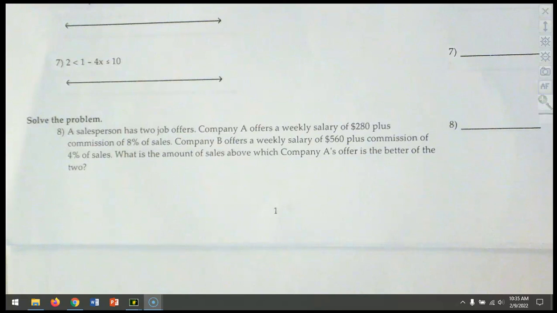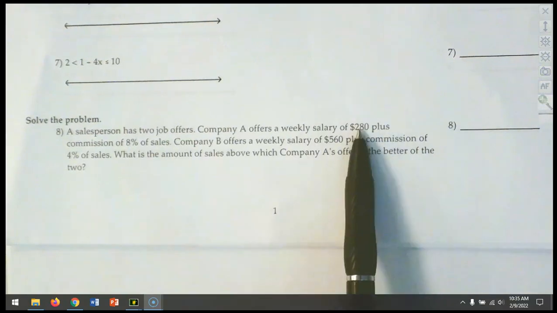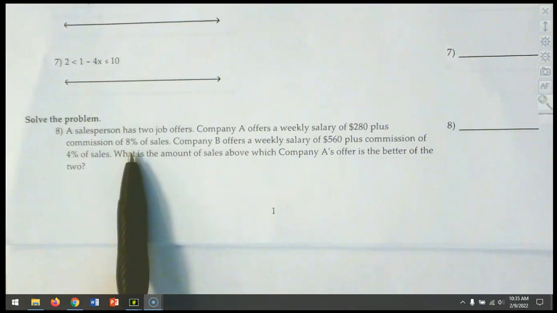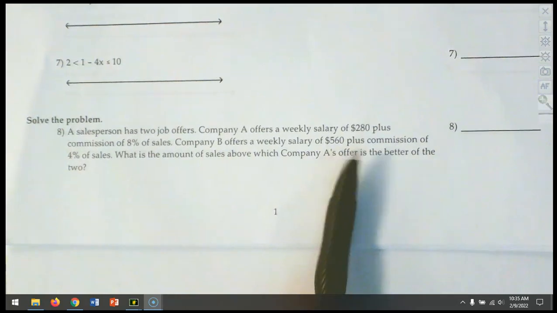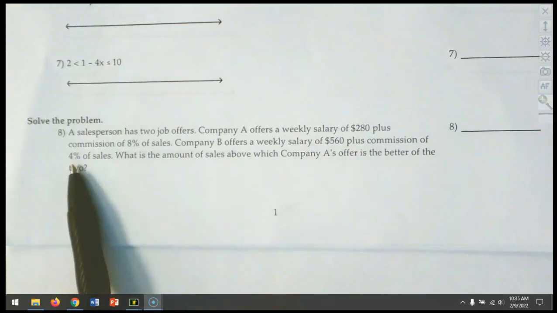So the salesman has 2 different job offers. Company A offers a weekly salary of $280 plus 8% commission. Company B offers a salary of $560 plus only a 4% commission.